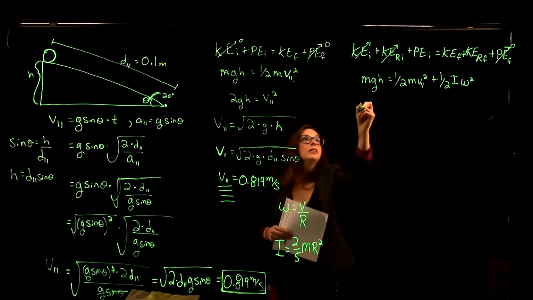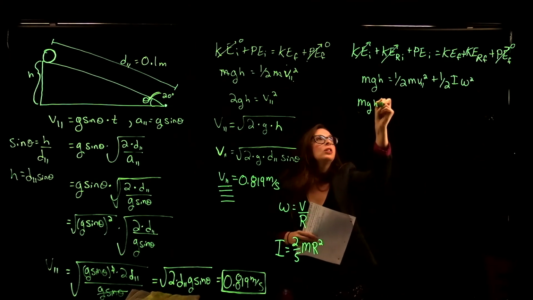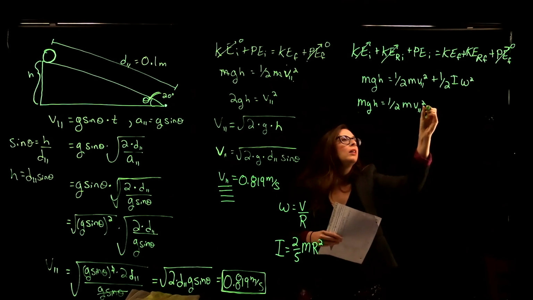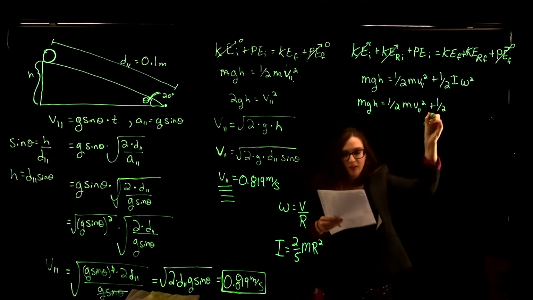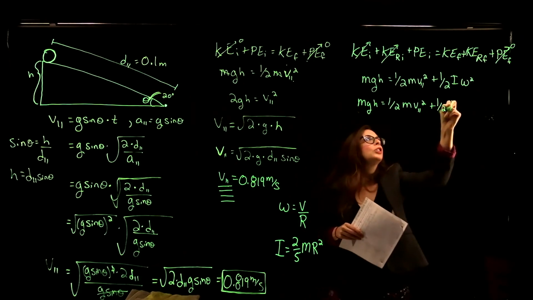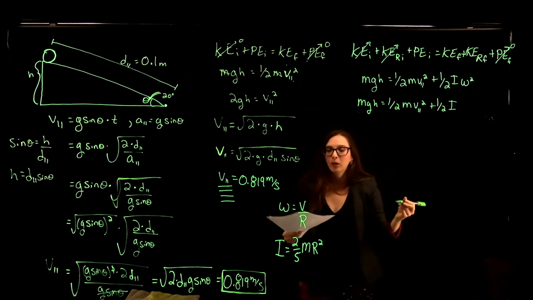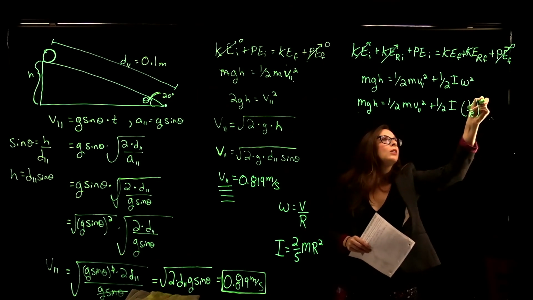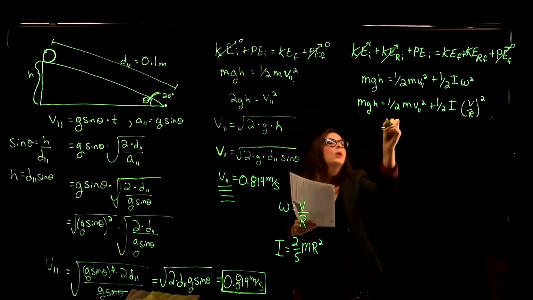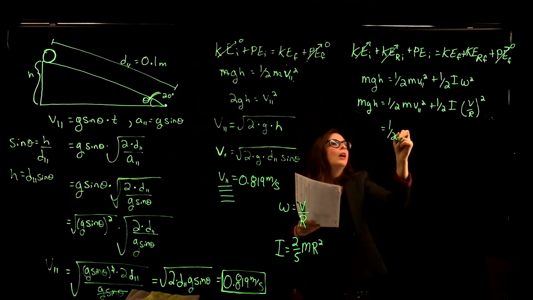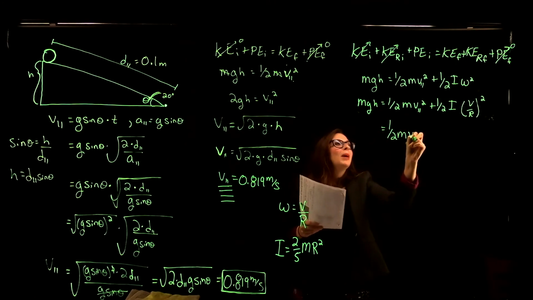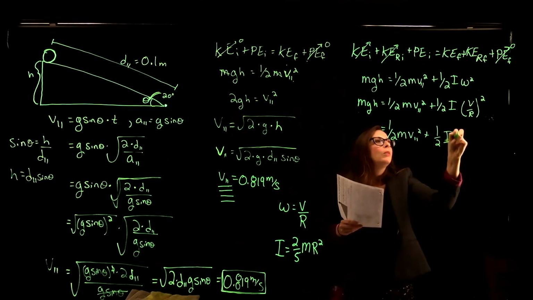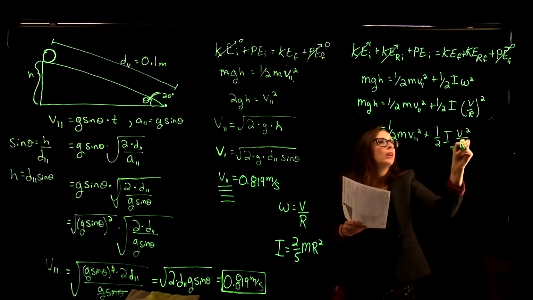Then we can write this as mgh equals 1/2 mv parallel squared plus 1/2 times our moment of inertia times, we said that omega we can write as v over r. So v over r, that whole thing squared. Write this like this, 1/2 m v parallel squared plus 1/2 I, we've got now v squared over r squared.